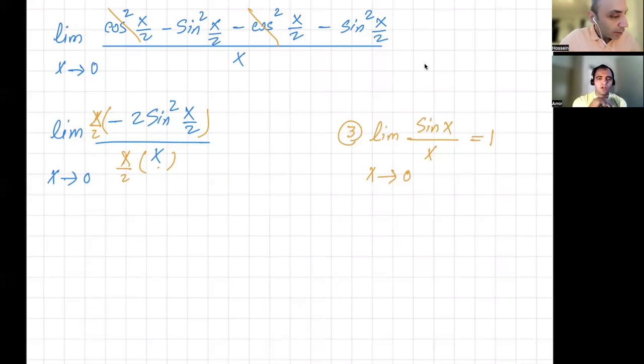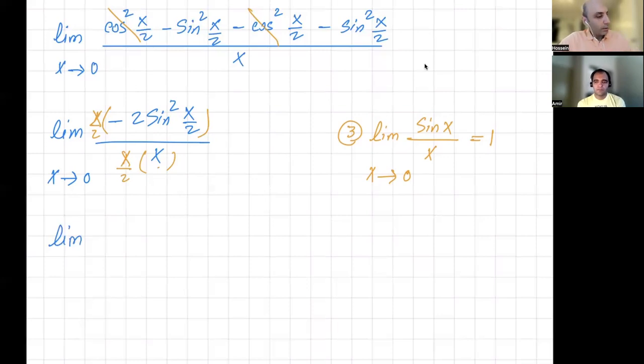Okay, let me rewrite that to see what I have. I think you can just split sine squared into 2 terms for the sine. So it can be negative 2 times sine x over 2 times sine x over 2, and the whole thing divided by x. And then you use one of those sines with the x in the denominator, and you use identity number 3 that you just wrote.